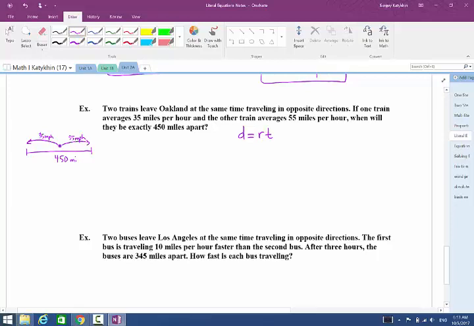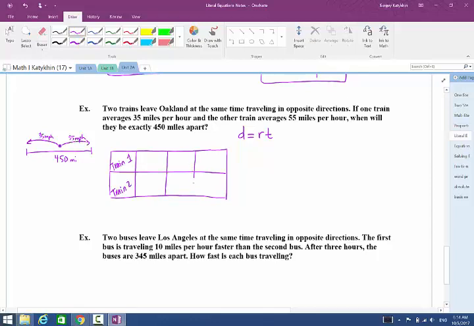This is the equation that we're going to use here as well. But in our case, let's draw a table which will help us organize our problem a little better. Since we have two things here, I'm going to call this train 1 and that train 2.